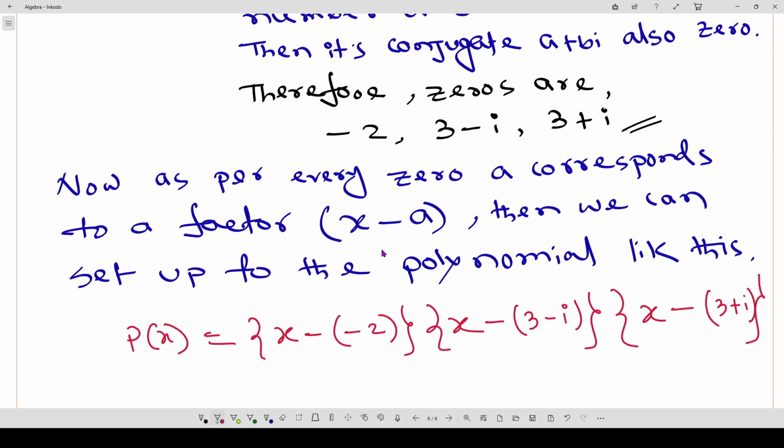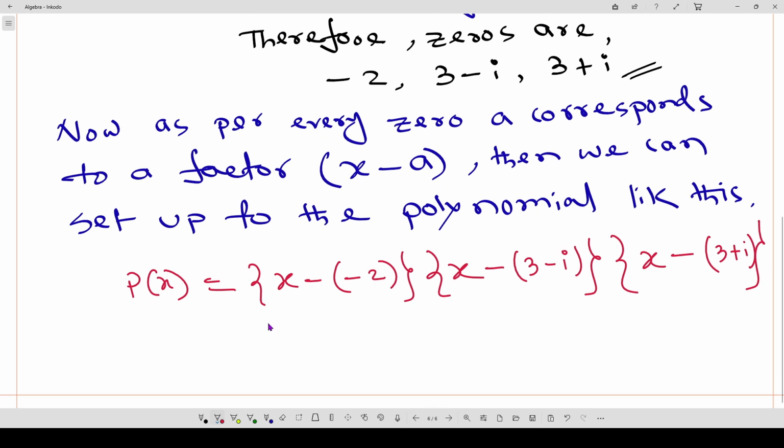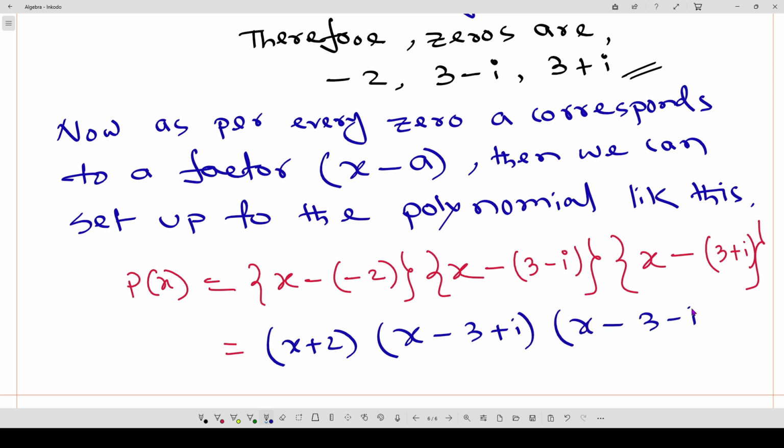Finally we get x plus 2, then x minus 3 plus i, then x minus 3 minus i. This is our factored form.